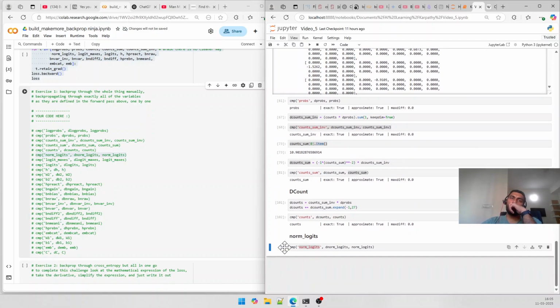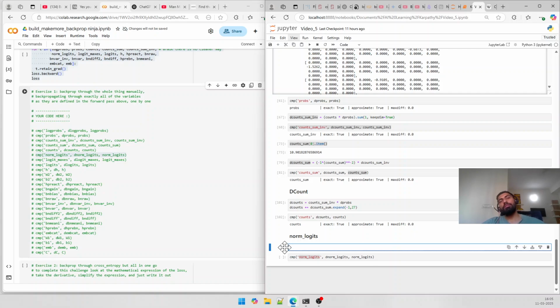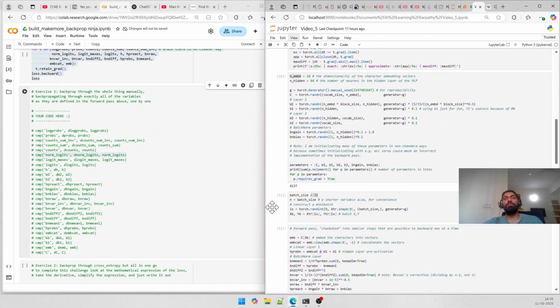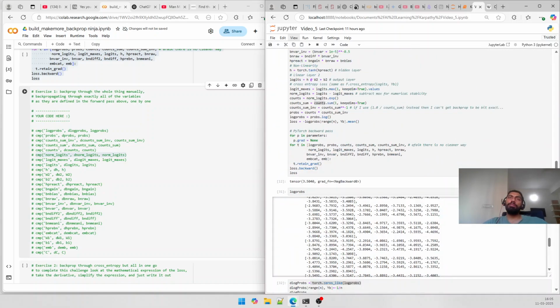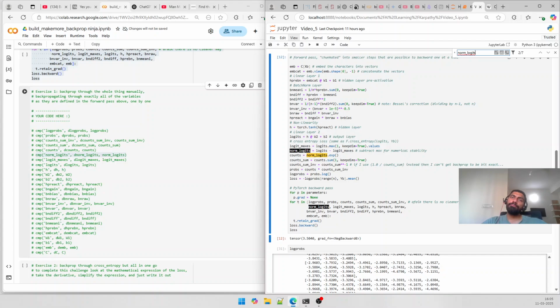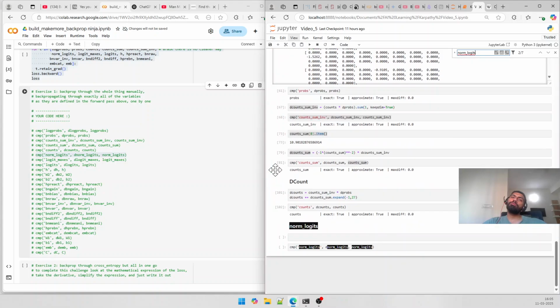Now we are going to calculate this. I think this was a single equation. So normally this is what we want to calculate.